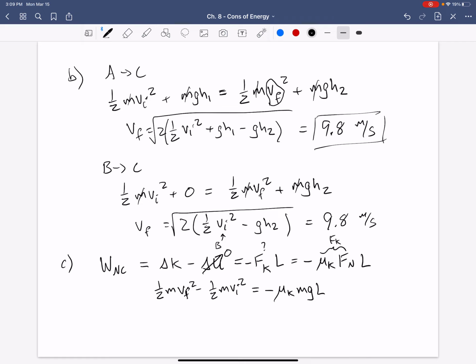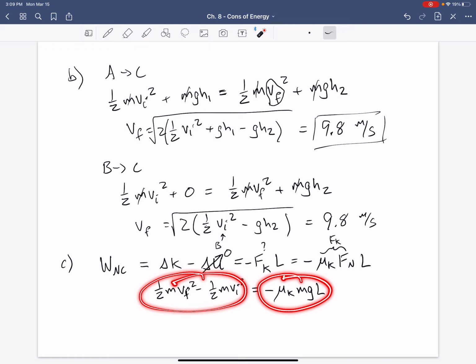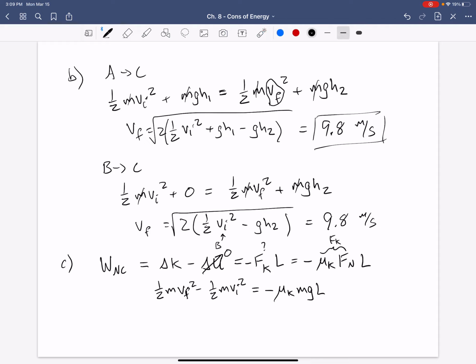Before we do that, we want to see if the total energy before is greater than or less than the total energy after.